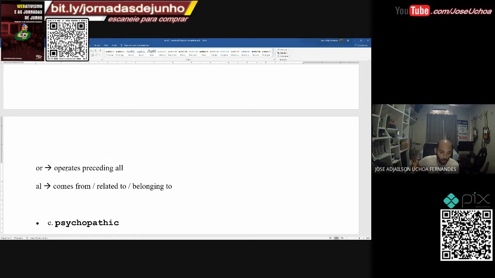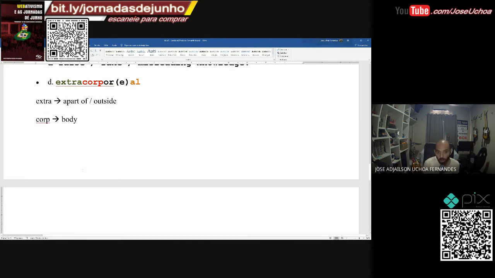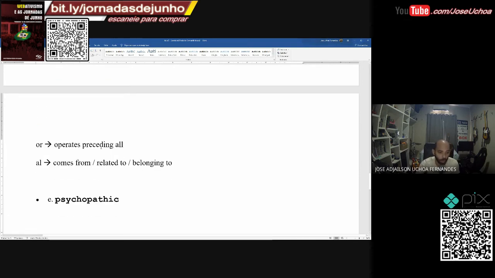Or plus all is the full group of morphs that will derive, for example, sense into sensorial or corpse into corporeal. All belonging to or is what prepares this morph.